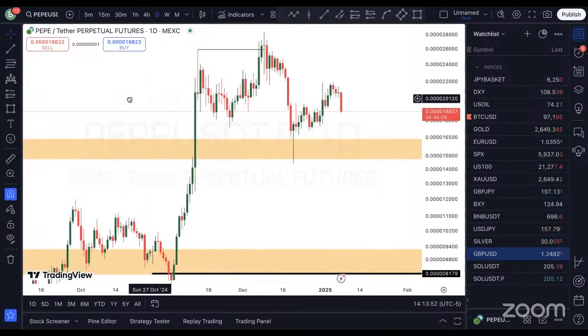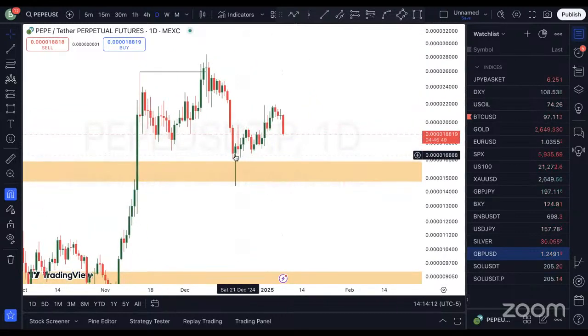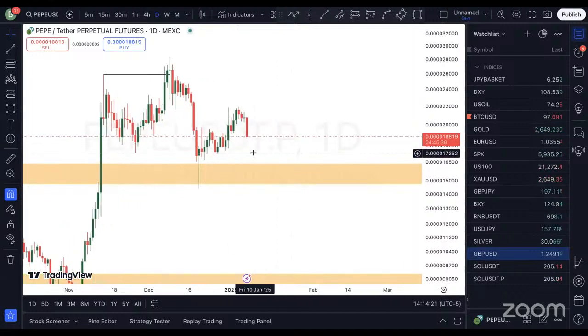After the break above there, price came back, swept this, and formed a new low. After the break of structure, it formed a new low. Very important. So after here, this place becomes an important area, a mitigation block, if this breaks the structure.